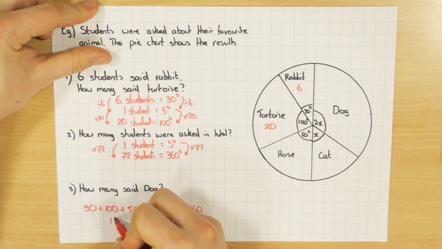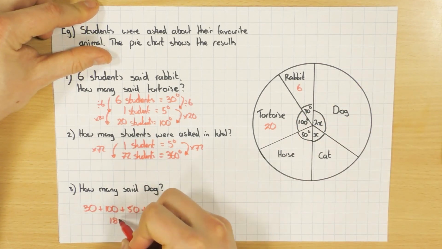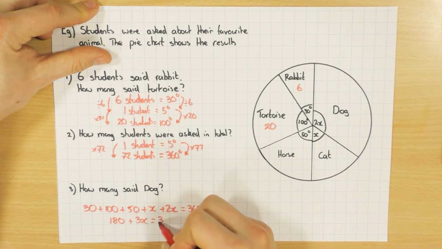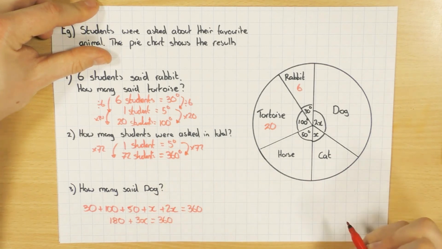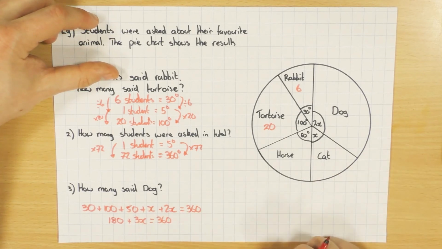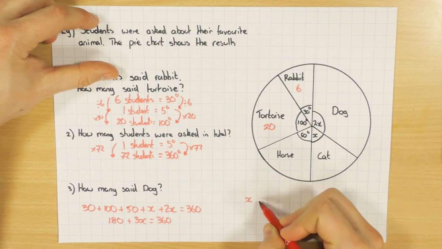So if we simplify this, 30 plus 100 plus 50 is 180, x plus 2x is 3x, and of course it still equals 360. So there's my equation that I've just made. You can use the balance method or the flowchart to solve this, and again check out those videos if you need to. I'm going to use the flowchart to solve this one now.